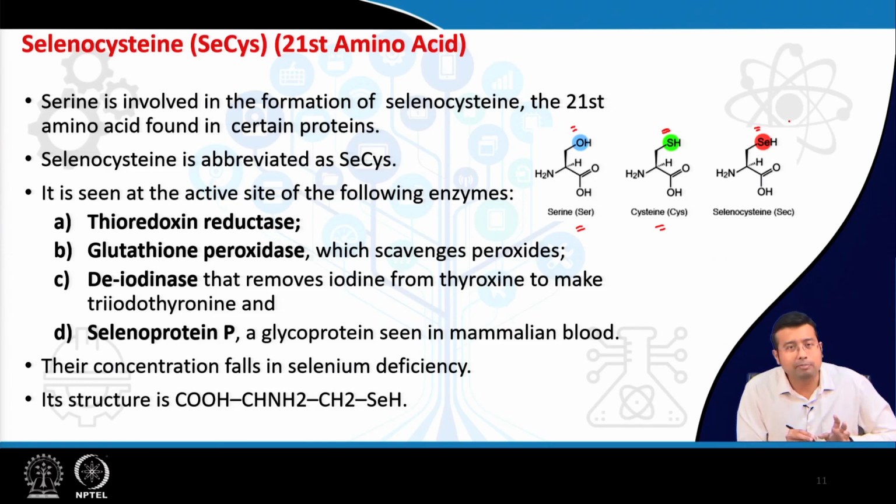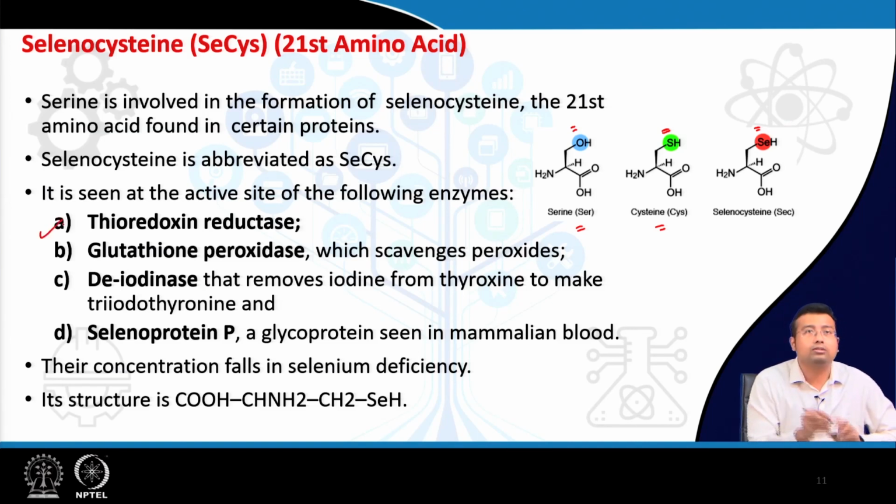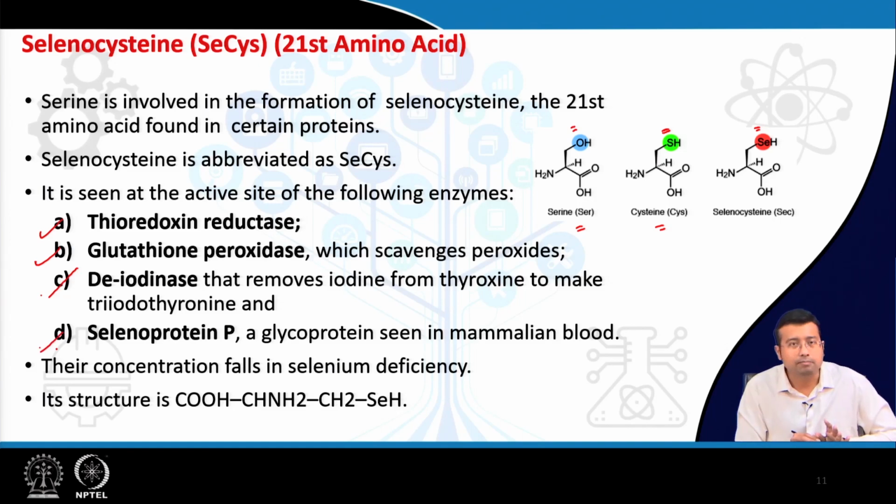So for multiple choice question purposes, you should know name of these following enzymes where selenocysteine participates in their active site. The name of these enzymes are thioredoxin reductase, glutathione peroxidase, deiodinase and selenoprotein P. The roles of each and every enzyme, you are not supposed to know right now, but you will need it eventually.